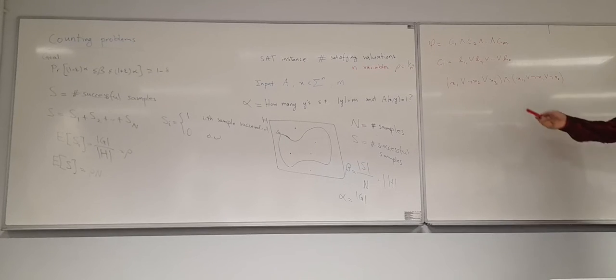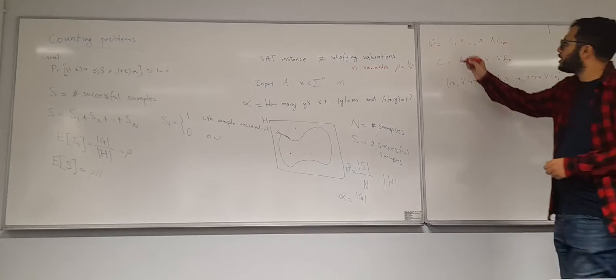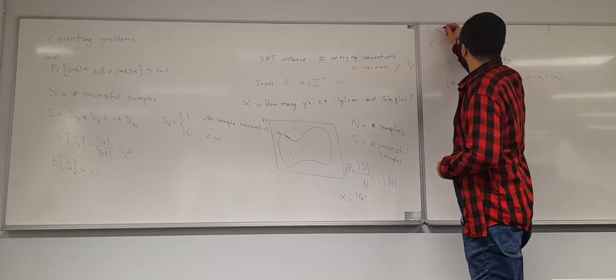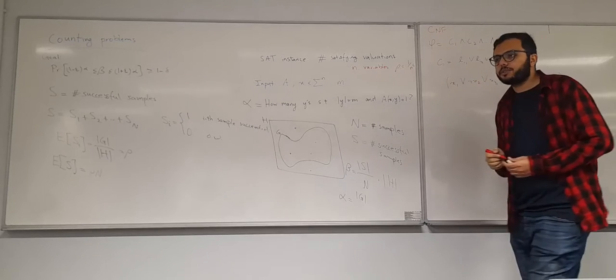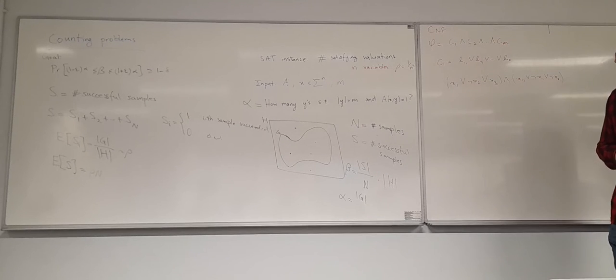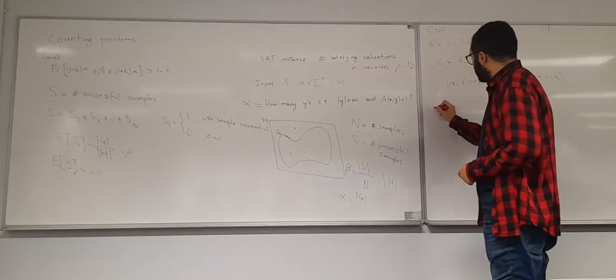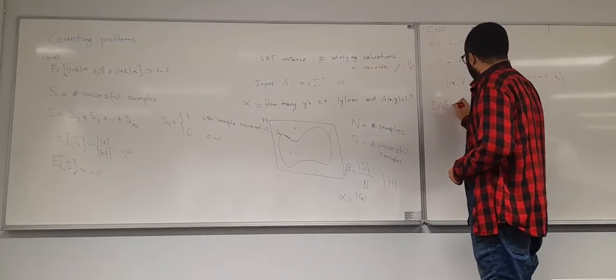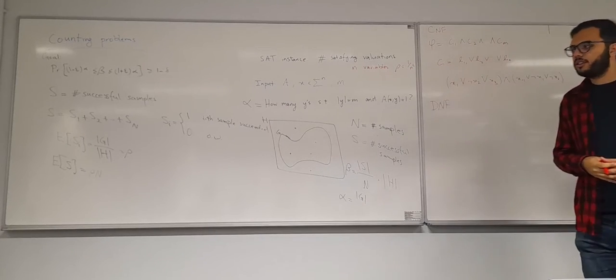So this format is called CNF, and CNF stands for conjunctive normal form. But we can also write any formula in DNF, or disjunctive normal form. And the idea in DNF is that the order of these operators basically changes.